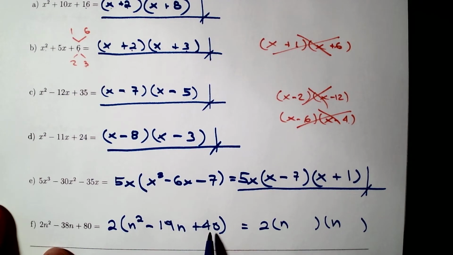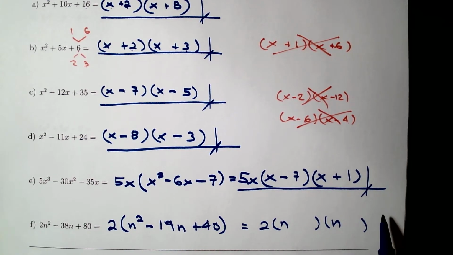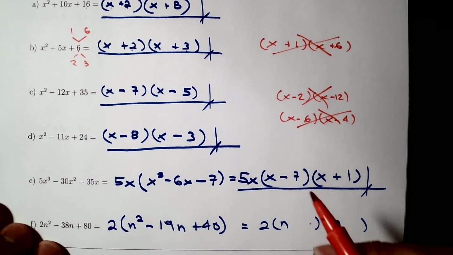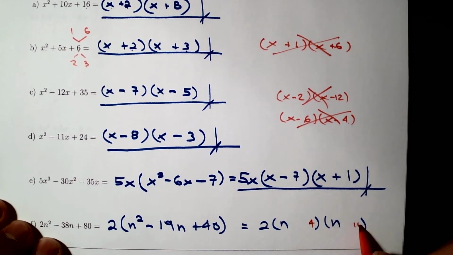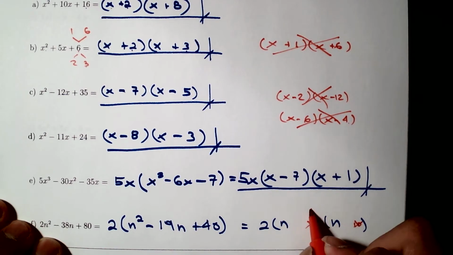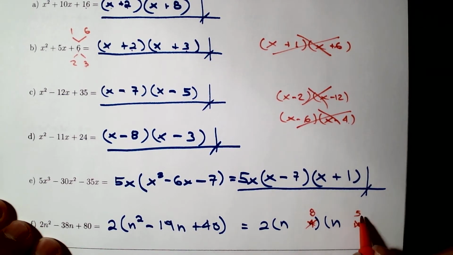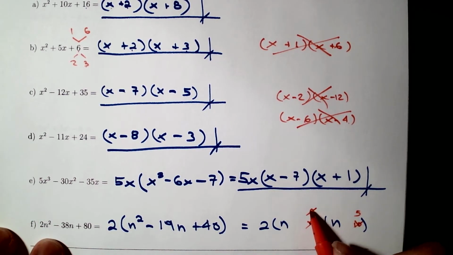Can we find factors of 40 that add up to negative 19? Well, let's see. 40 is the same as 4 times 10. So 4 times 10 is 40, but 4 plus 10 is not negative 19. Then we have the option of 8 times 5. 8 times 5 equals 40, but 8 plus 5 is not negative 19.